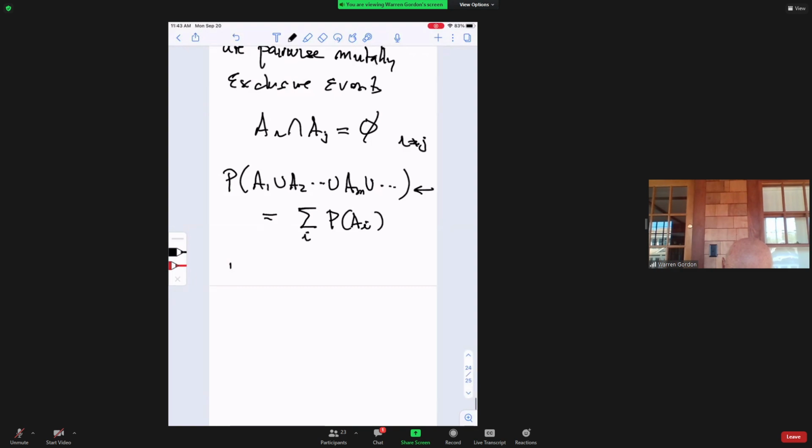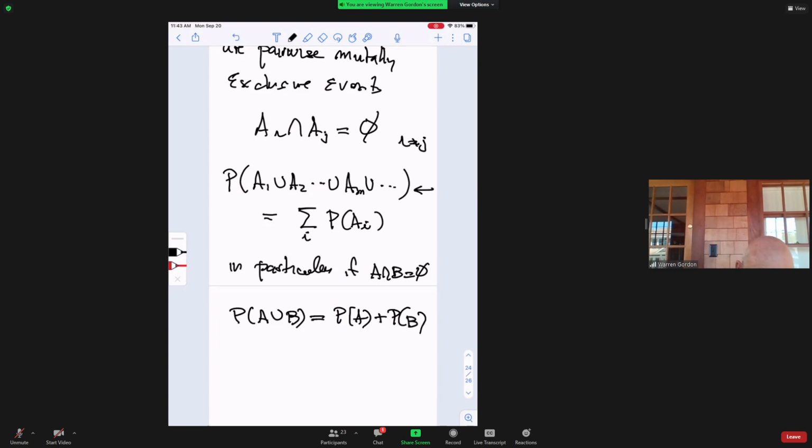So in particular, if A intersection B is the empty set, the probability of A union B is equal to the probability of A plus the probability of B.